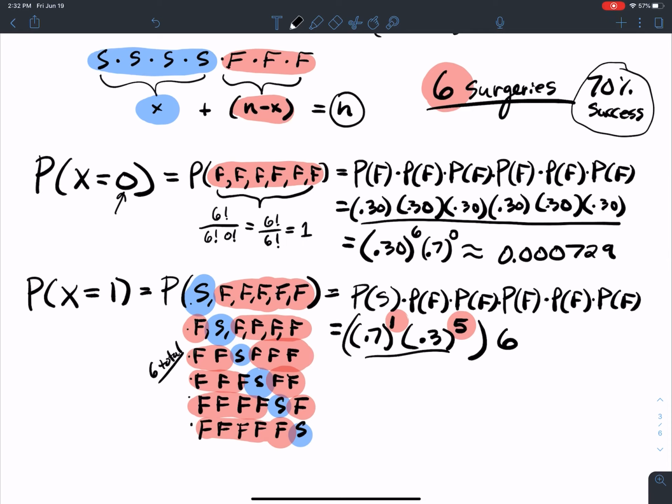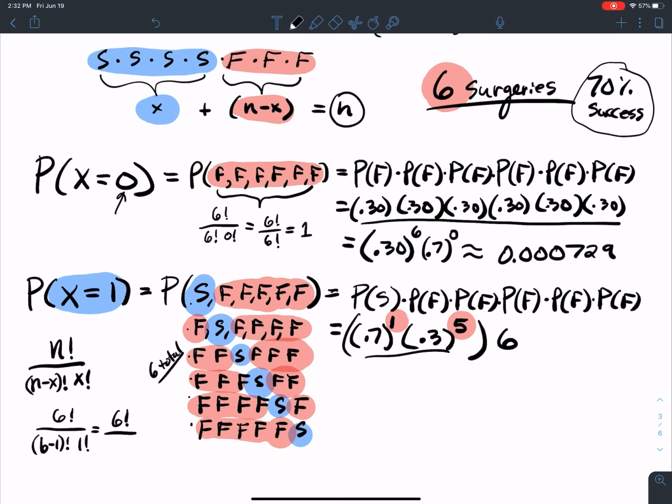How do I know? N factorial over n minus x factorial times x factorial. What does x equal? X equals this 1 here, right? So x is equal to 1 success. So that means 6 factorial over, well, what is it? 6 minus 1 factorial times 1 factorial. 6 minus 1 is 5.